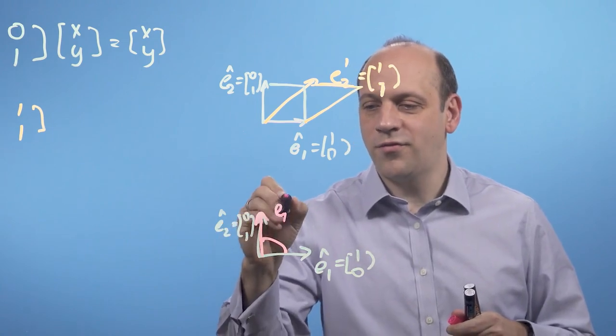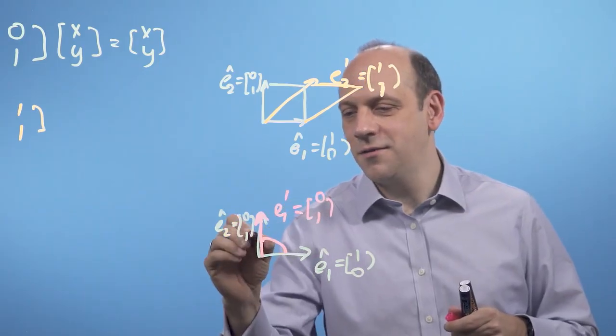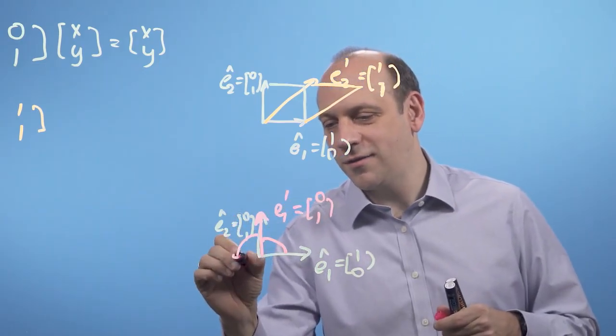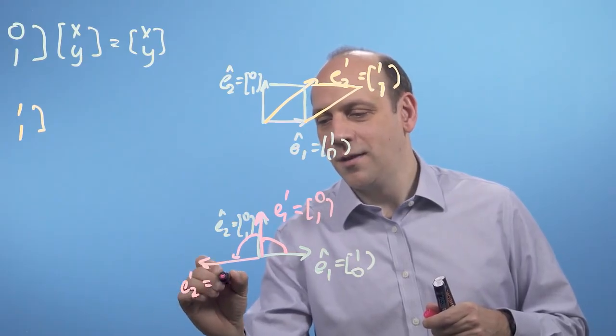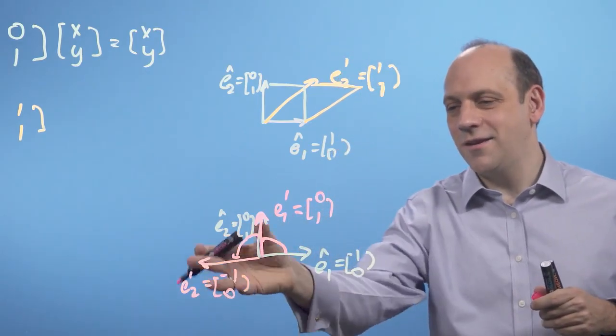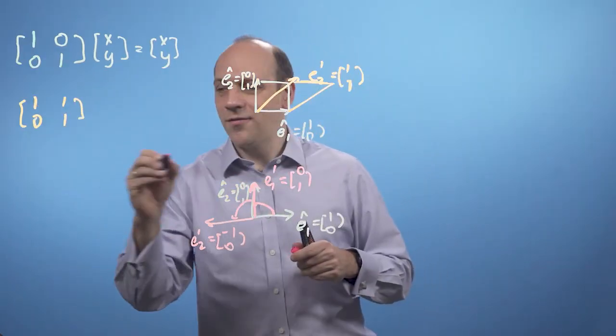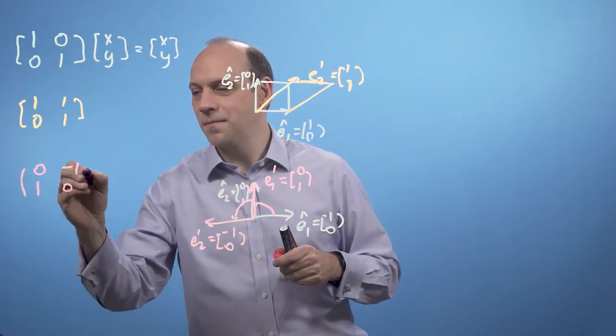So E1 primed is going to be equal to 0, 1. And E2 hat is going to go round to here, and E2 primed is going to become minus 1, 0. So that 90-degree rotation there is going to have the transformation matrix 0, 1, minus 1, 0.